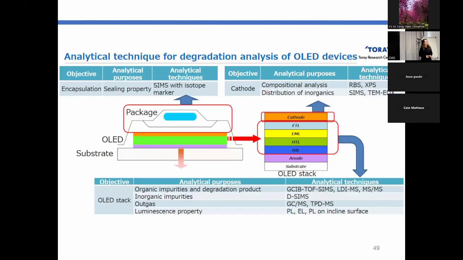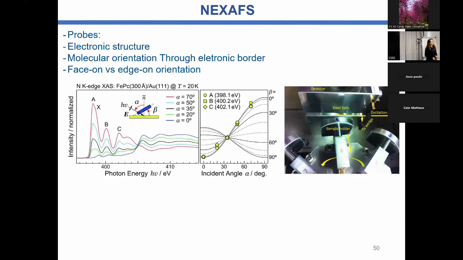You can also see compositional analysis or distribution of inorganics using these techniques. So there are different techniques to probe the degradation for OLED. In general, the OLED can also be correlated to other devices.